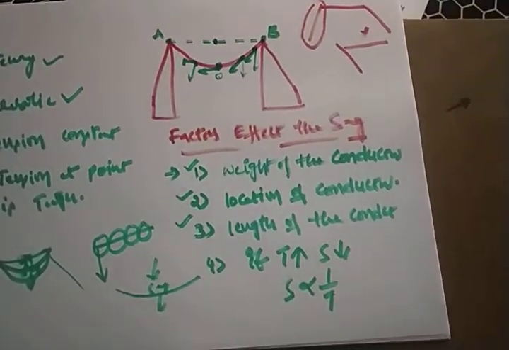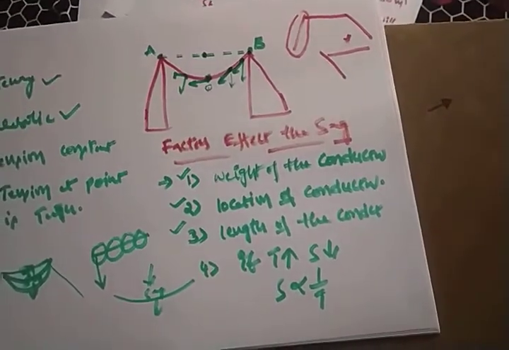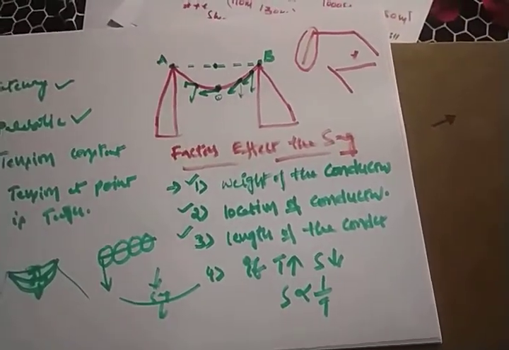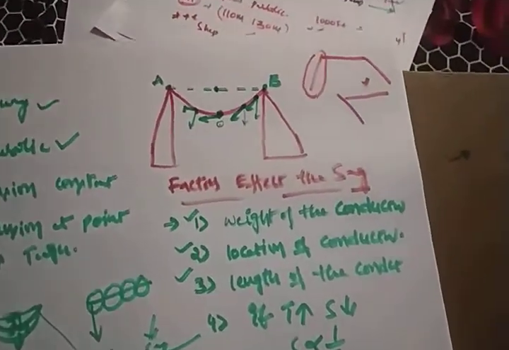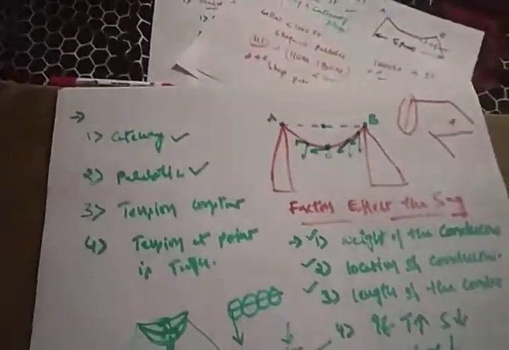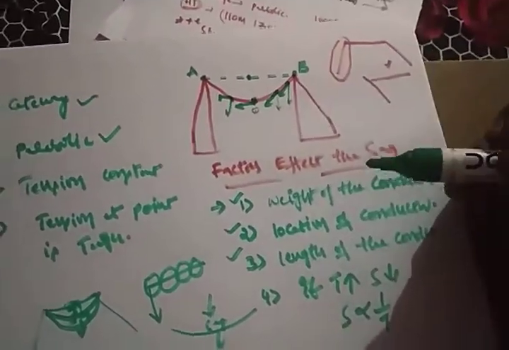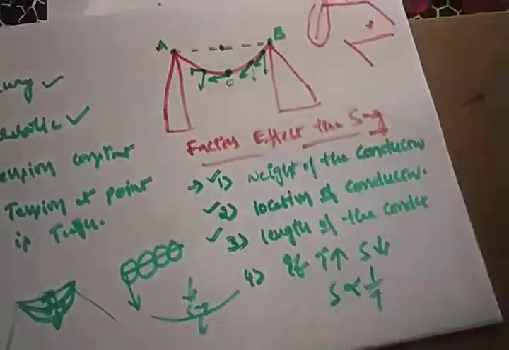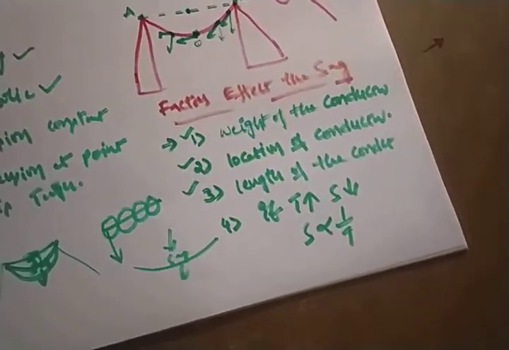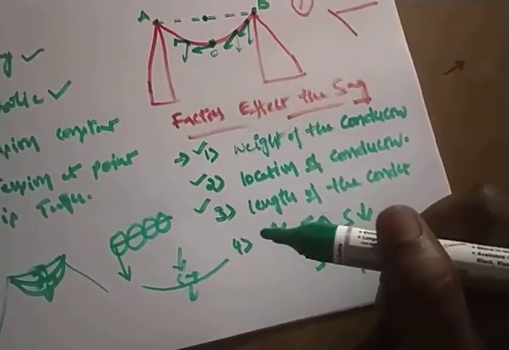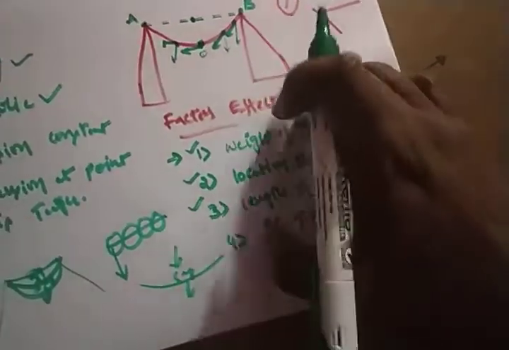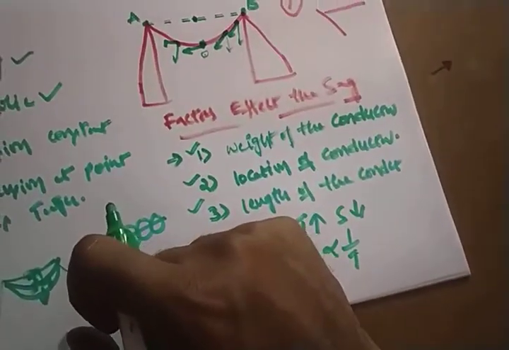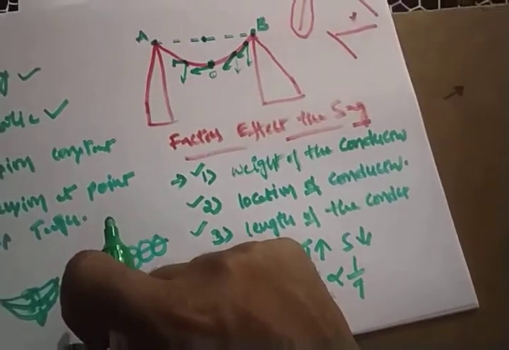The length of the conductor: if the total length is very high, the sag is going to increase. After that, if the tension increases, meaning it is more tightened, the sag is going to reduce. So the tension is inversely proportional to the sag. These are the factors affecting the sag value.